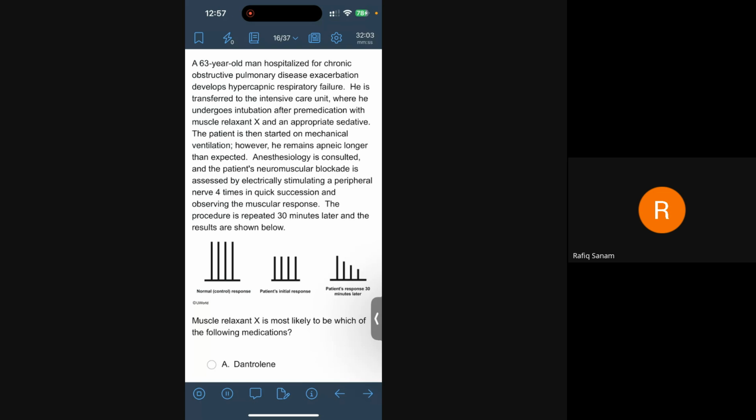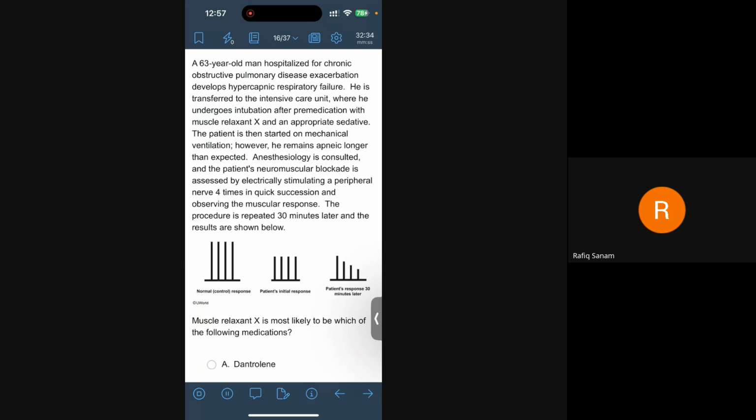The height of each bar represents the strength of each twitch. Higher bars indicate the activation of an increasing number of individual muscle fibers. When a non-depolarizing neuromuscular junction blocker is used, competitive inhibition of the postsynaptic receptors at the motor end plates prevents some of the fibers from activating, decreasing the strength of the twitch.